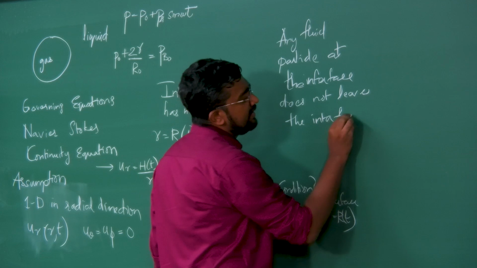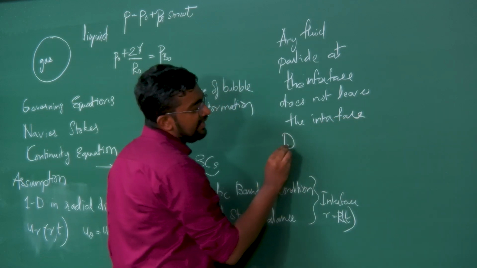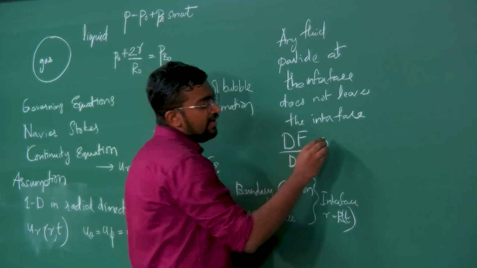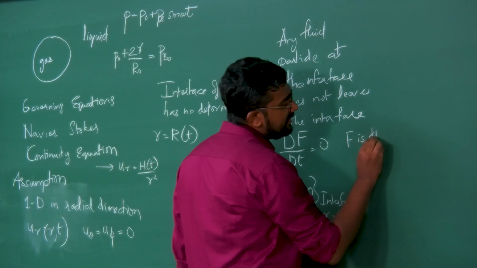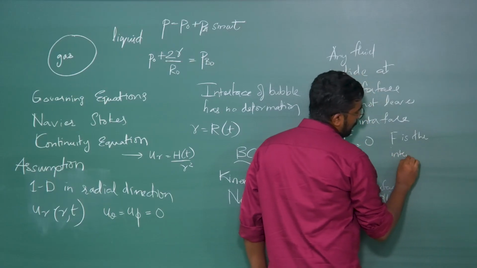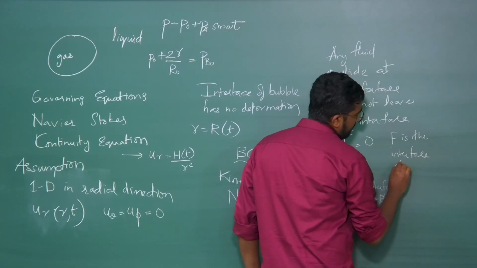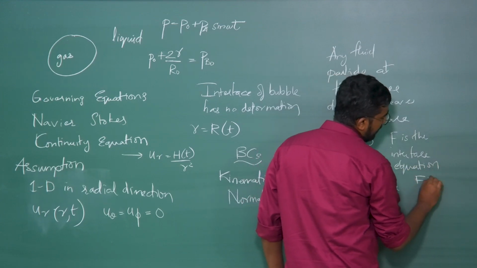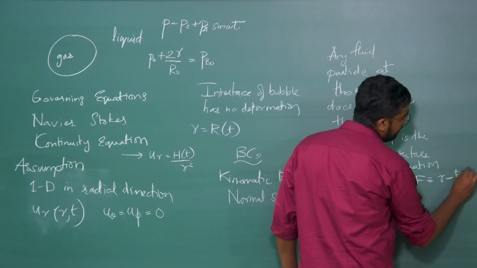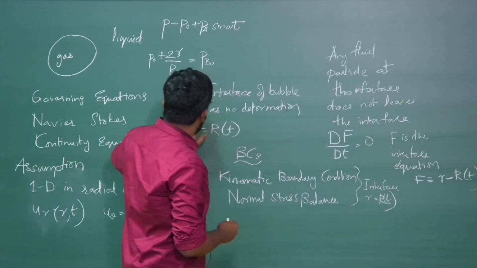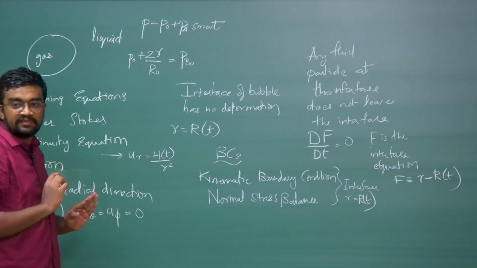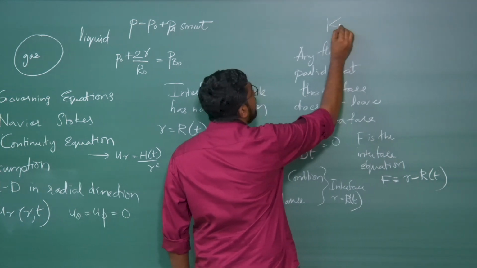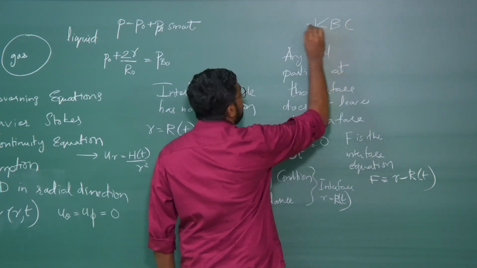So this translates into the material derivative of F being equal to 0, where F is the interface equation. Here F will be equal to r minus R of t, so the interface equation will be r minus R of t. This was the kinematic boundary condition. I will call it KBC.